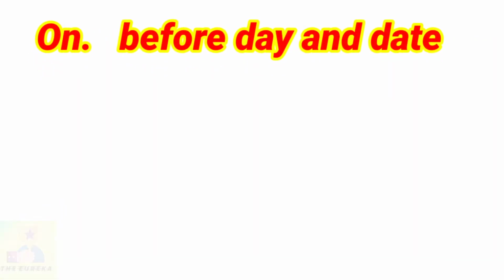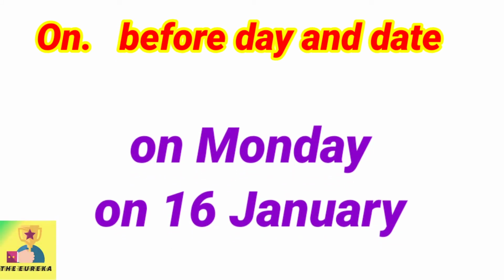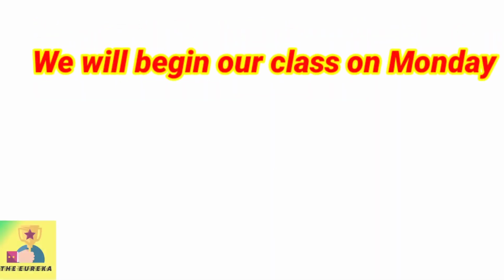Now let's examine preposition on. It is used before day and date. For example, on Monday, on 16 January, and so on. For example, we will begin our class on Monday.